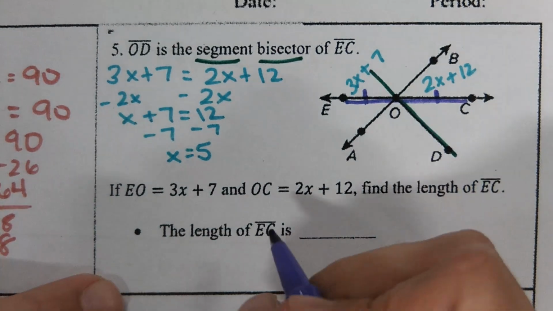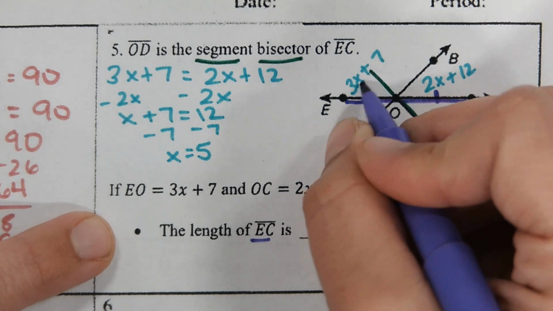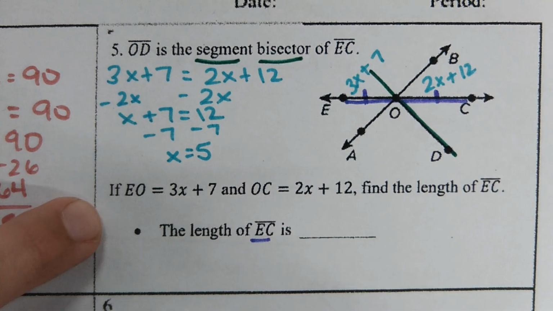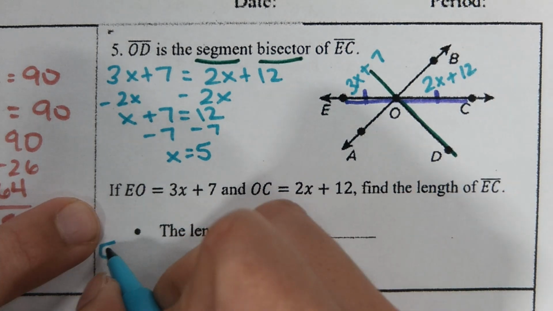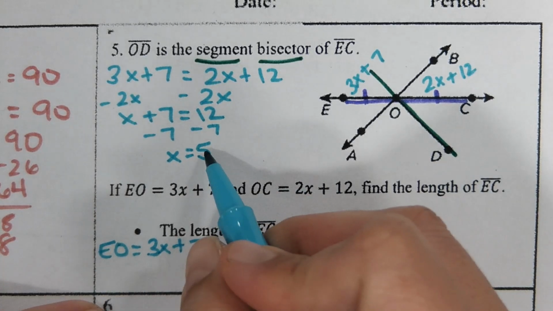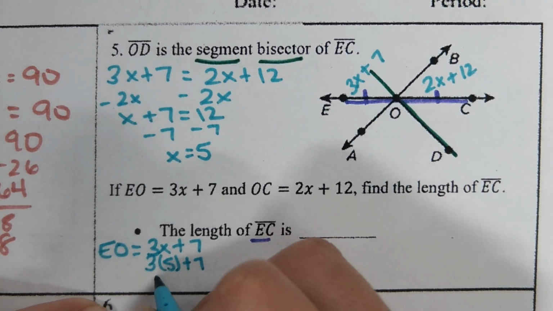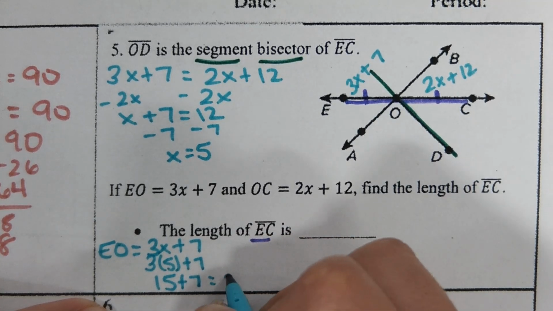Okay, so we have x, but it wants to know the length of EC. So to start finding that, I need to plug in x here. So EO is 3x plus 7. So I can plug in the 5 for x. 3 times 5 plus 7. 15 plus 7 is 22.